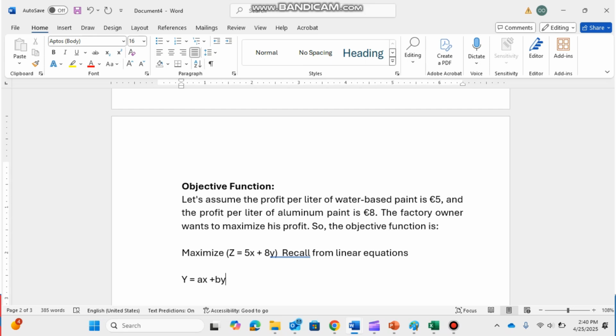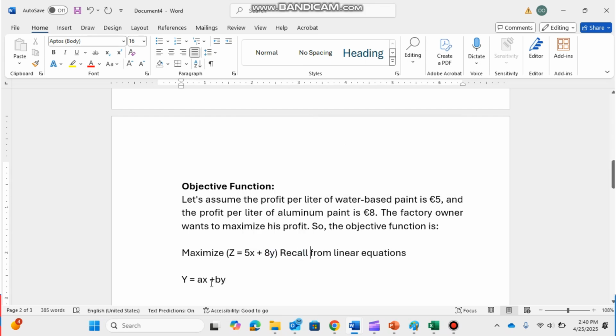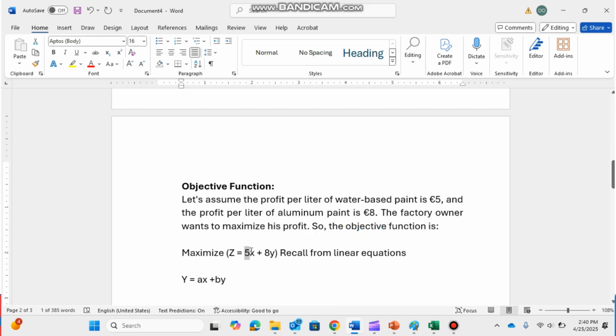Remember, we have this as our linear equation, and the coefficient of x is a. So if you look at the problem as expressed mathematically, the coefficient of x here is 5, so a is equal to 5.